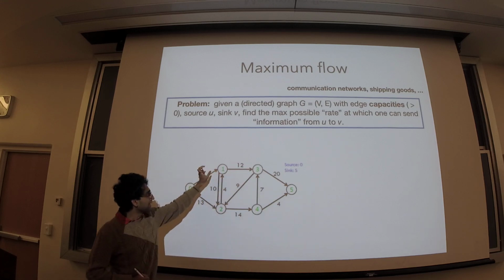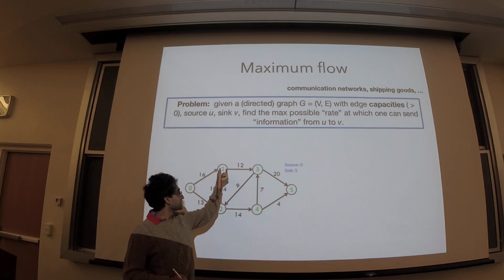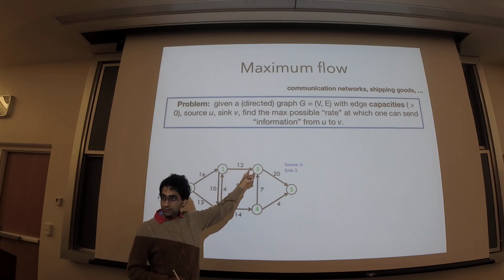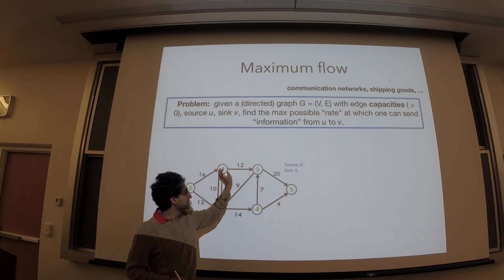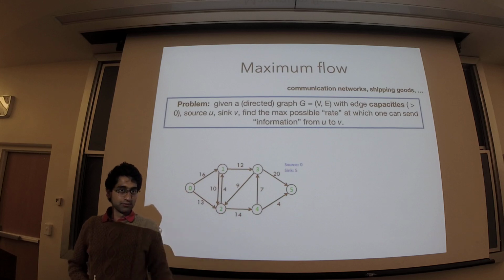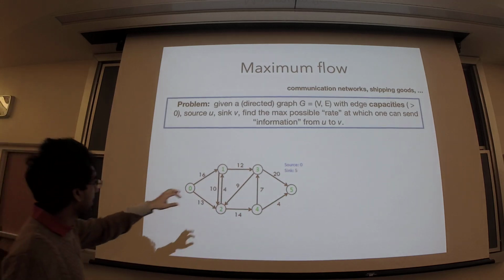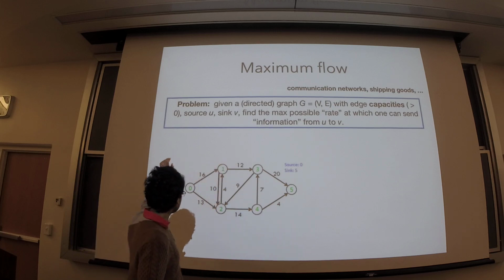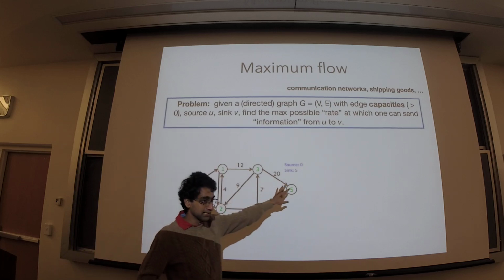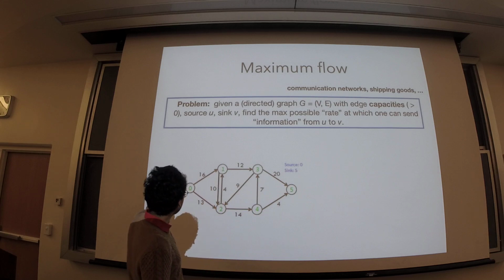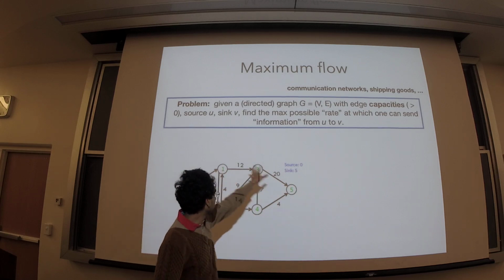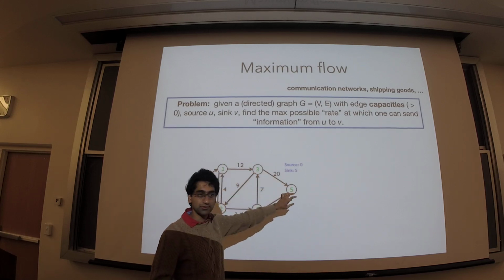Then it means that I can send information from i to j with a bandwidth of like 12. I can send like 12 units per second, 12 MB per second, something like that. That's what the capacity means. And your goal is, you're given the source and the sink, and you want to find the maximum rate at which you can send information from the source to the sink.